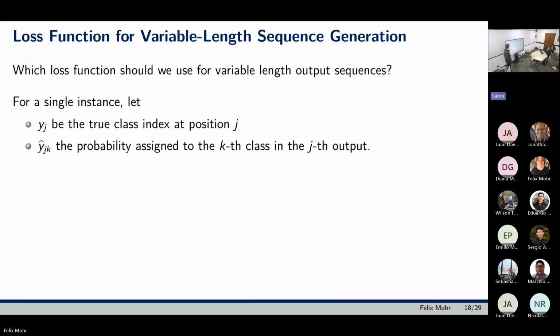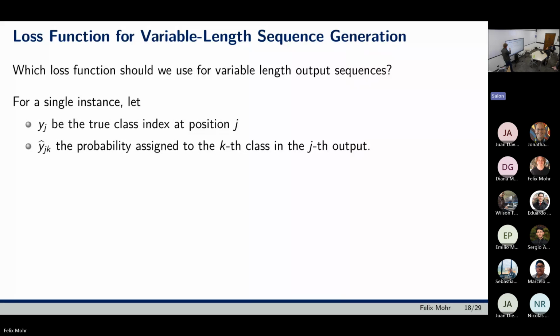And yj is the true class index at position j. So it's like the index of the correct word at position j. And yjk hat is the probability that I assign to word number k at position j.